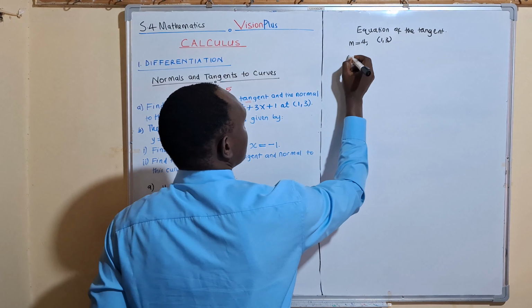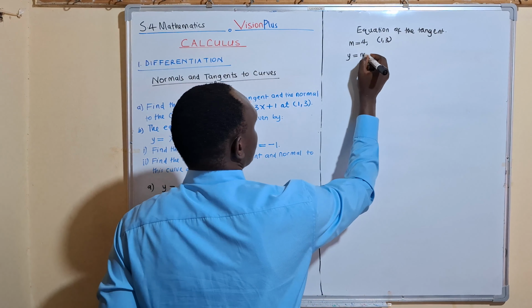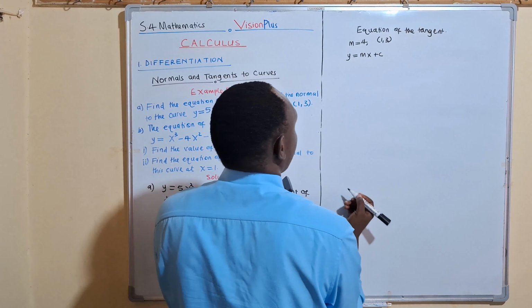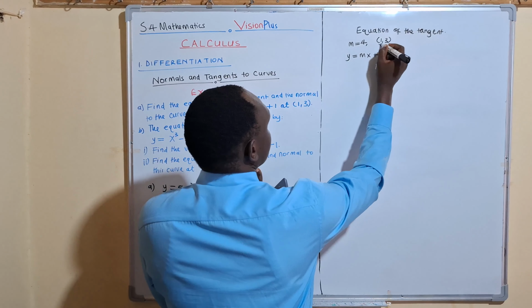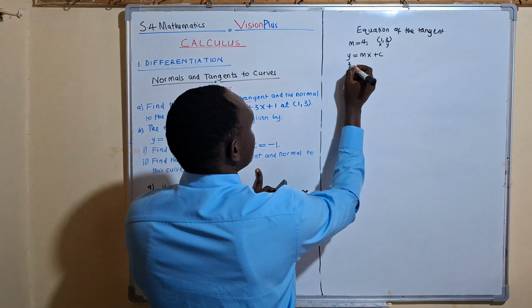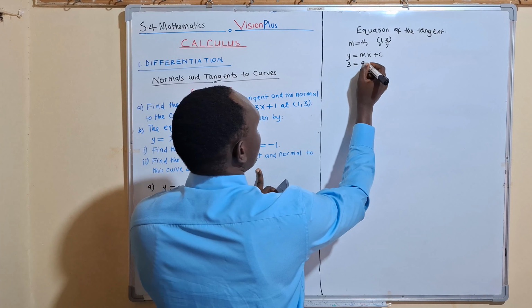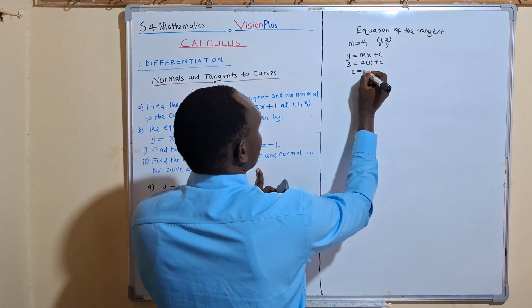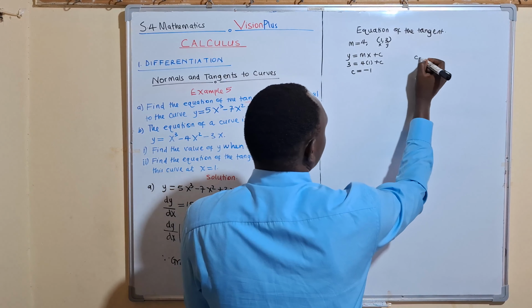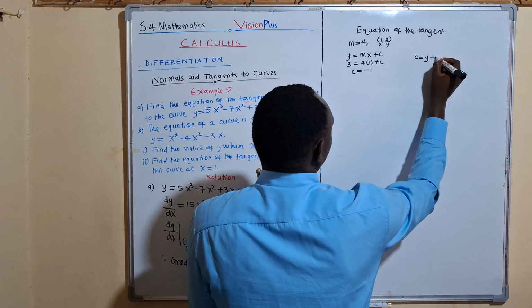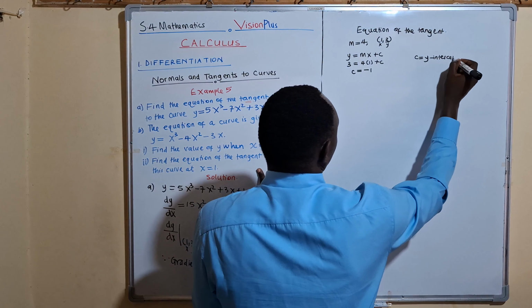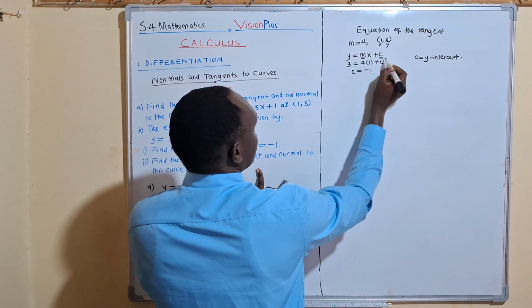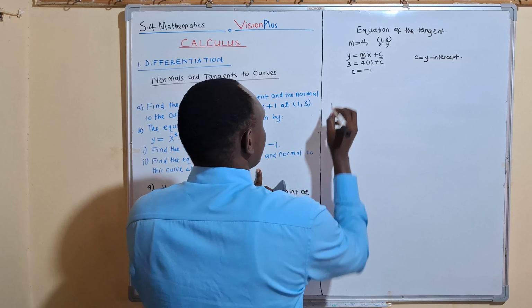So we can say y equals mx plus c, because the tangent is a line. This is x, this is y. Substitute: 3 equals 4 times 1 plus c. When you make c the subject of the formula, c is negative 1, and c stands for the y-intercept. After getting c, we substitute for m and c to get the equation of the tangent.